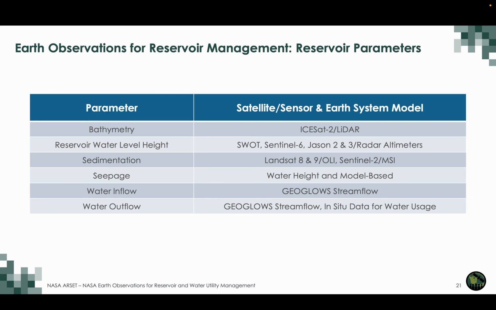For this presentation in this series, we will focus on reservoir water level height and inflow and outflow to monitor reservoir parameters. Next, we will learn about details of some of these data sets, and we will have demonstration of some web tools through which these data can be visualized. So I'm going to hand it over to Sean McCartney.